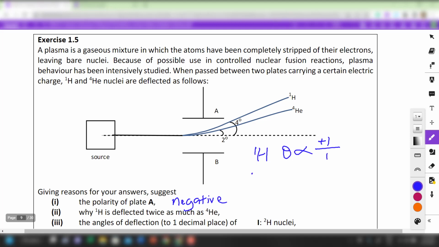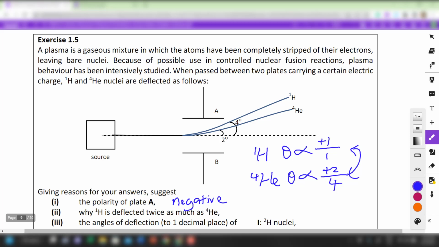Now for 4 helium, theta is directly proportional to the charge. Helium has 2 protons, so that's +2. However, the mass number of helium is 4, so divide by 4. If you notice, in terms of magnitudes, hydrogen is double that of helium. Therefore, I expect 1H to deflect twice as much as helium.